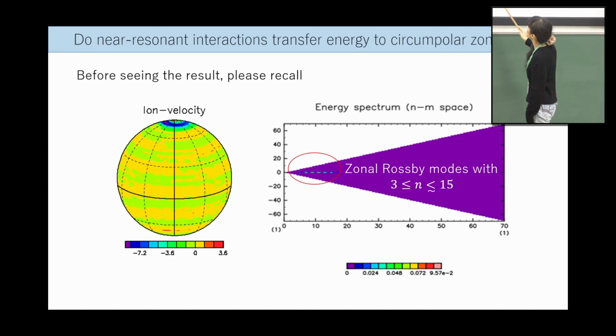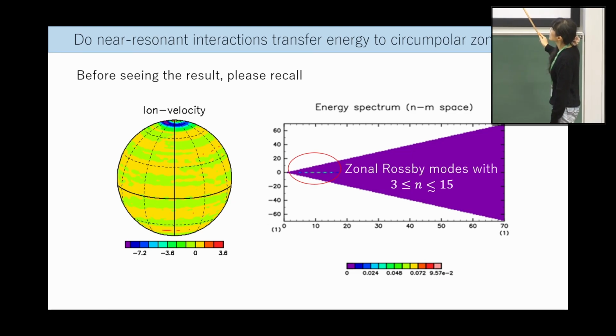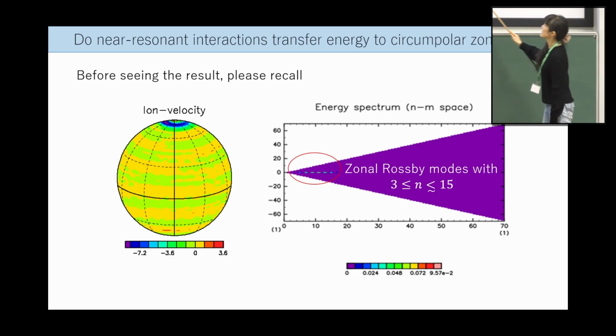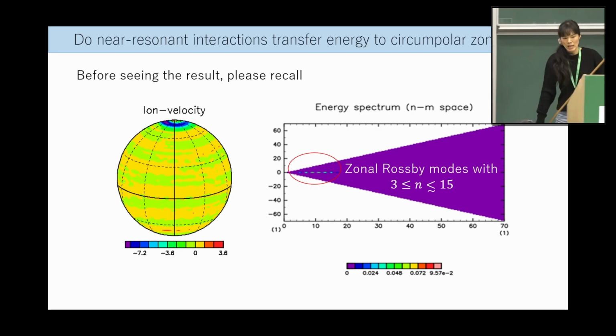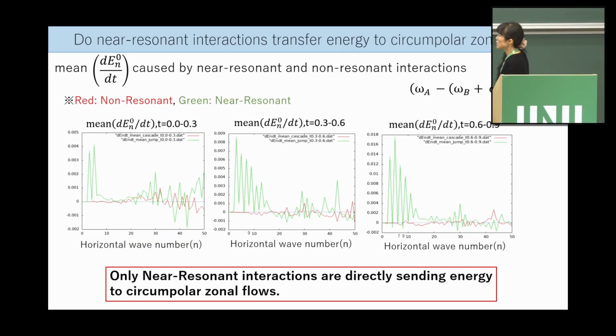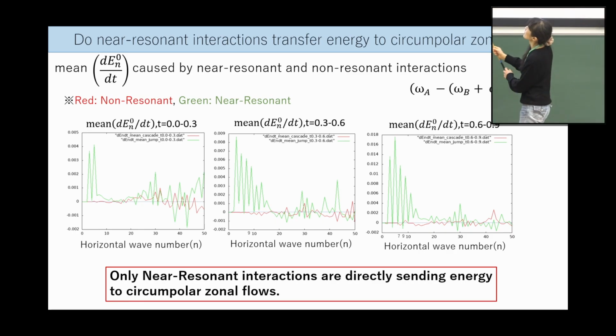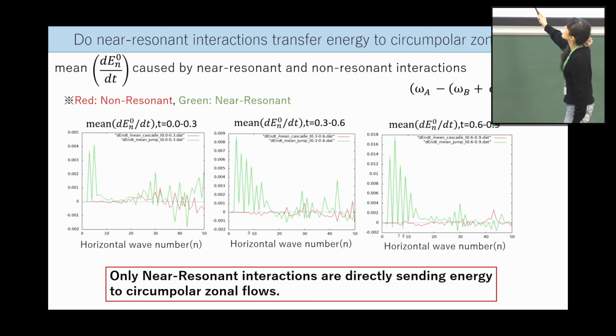So we only have strong energy accumulation to zonal Rossby modes with low and odd integer n. And this is the result. Here I am showing you the temporal mean of the time derivative of energy of zonal Rossby modes caused by only near resonant interaction or non-resonant interactions.